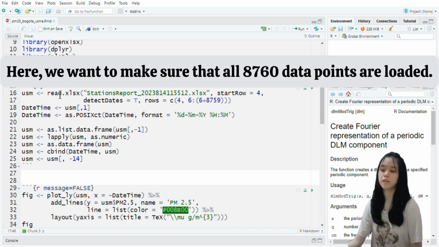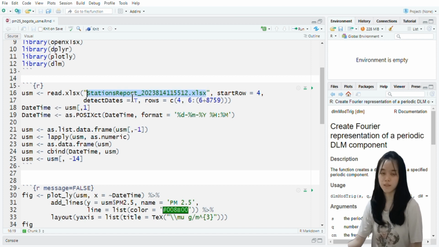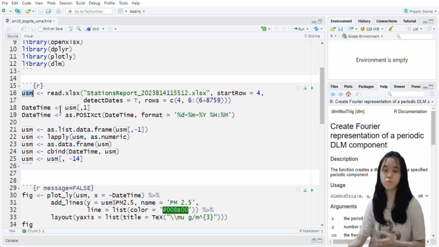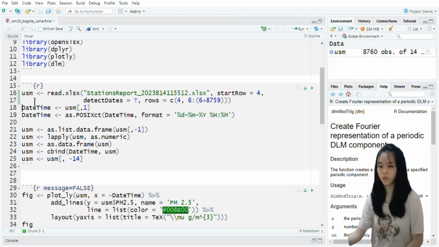And I'm going to load the data now as usm. Remember that we are taking the data from the Usme station, so I'm using the first 3 letters here. Okay, let's run this. Now I'm going to show you what the data looks like.